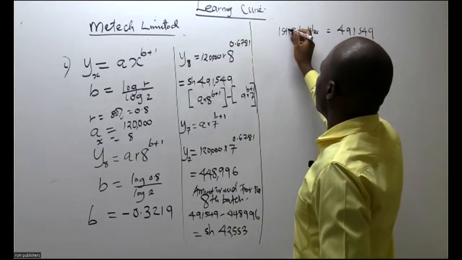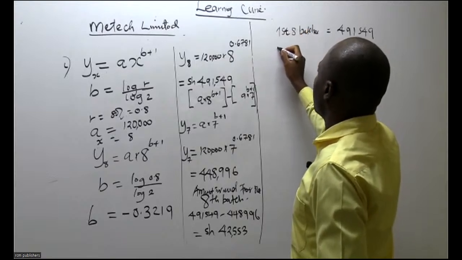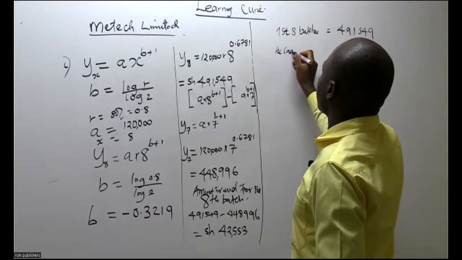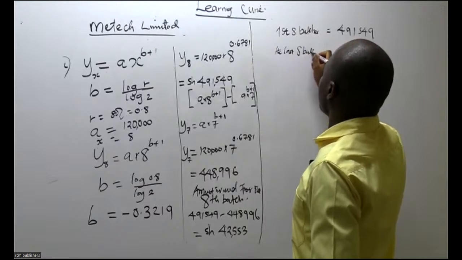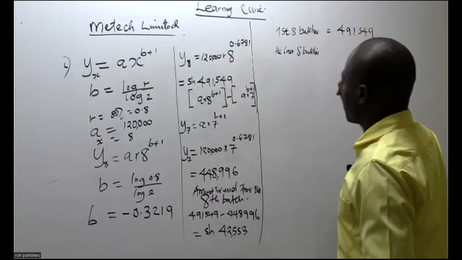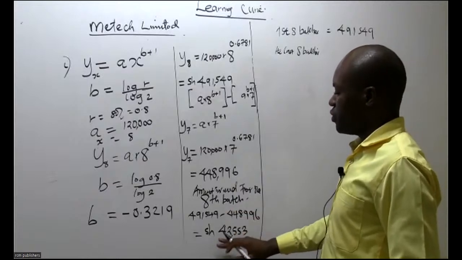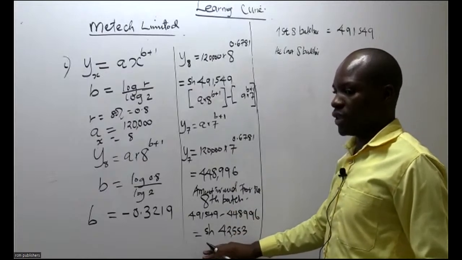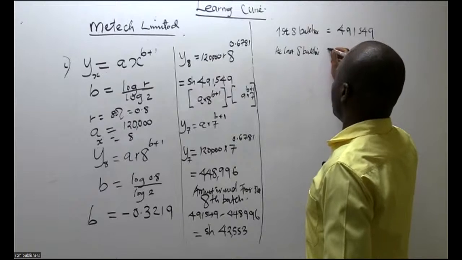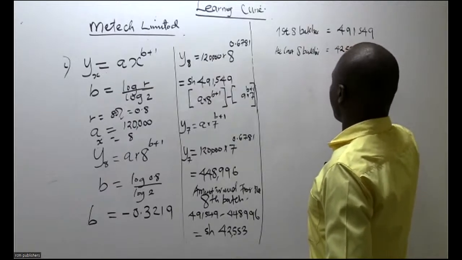Then the last 8 batches, we are told the production cost per batch or labor cost per batch is equivalent to that of producing the 8th batch. So it is basically equivalent to 42,553.